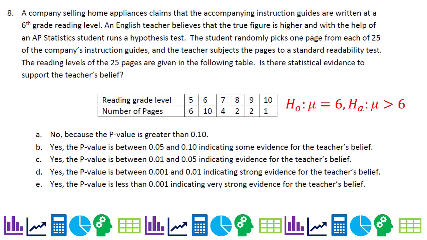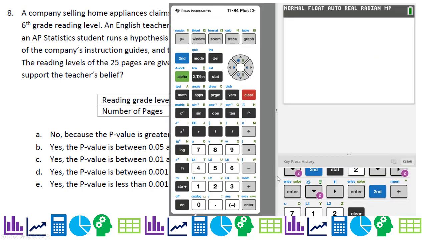So our null hypothesis is that the mean is 6, and he's concerned that the reading level is higher. Now, what I could do is I could calculate a weighted average with 6 times 5, 10 times 6, 4 times 7, add all these up after I multiply them out and divide by 25. But it is much easier to do with the calculator.